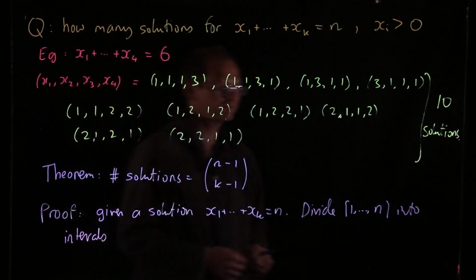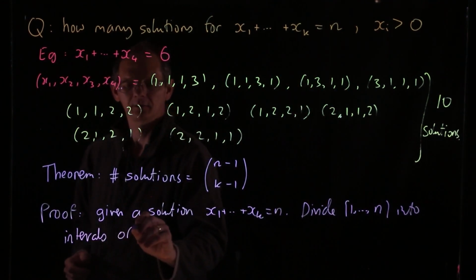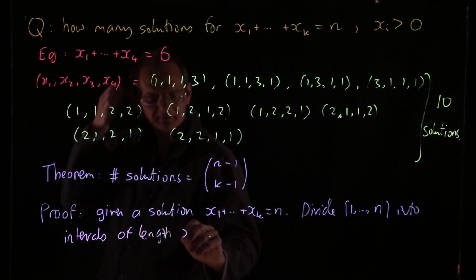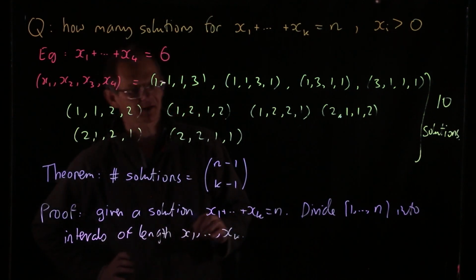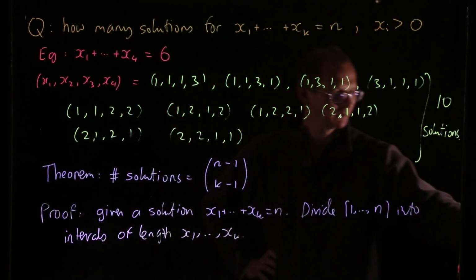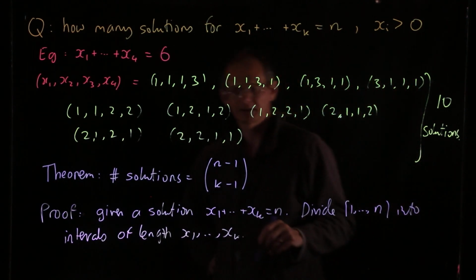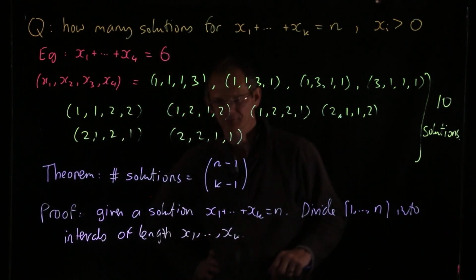We take the interval from 1 up to n, and we divide it into intervals of length x1 and then up to xk. We've got a first interval of length x1, the second interval of length x2, all the way up to the last interval, which is of length xk. Because the sum of the xi's is equal to n, those intervals cover the whole thing.